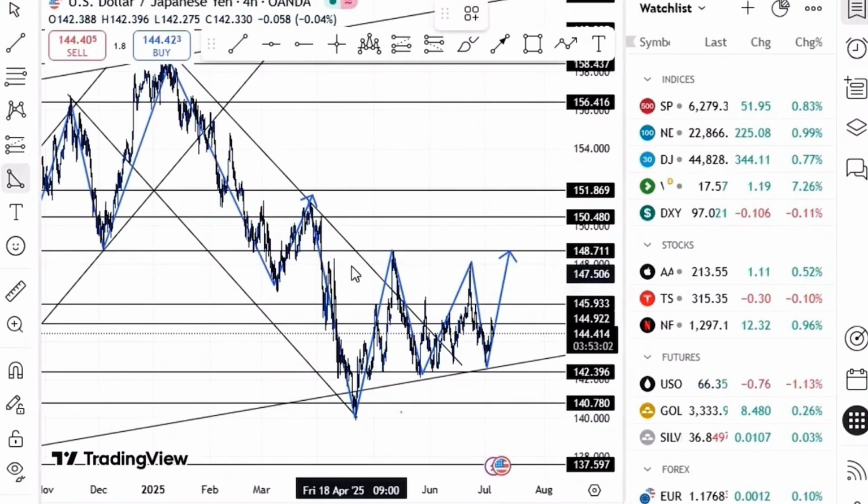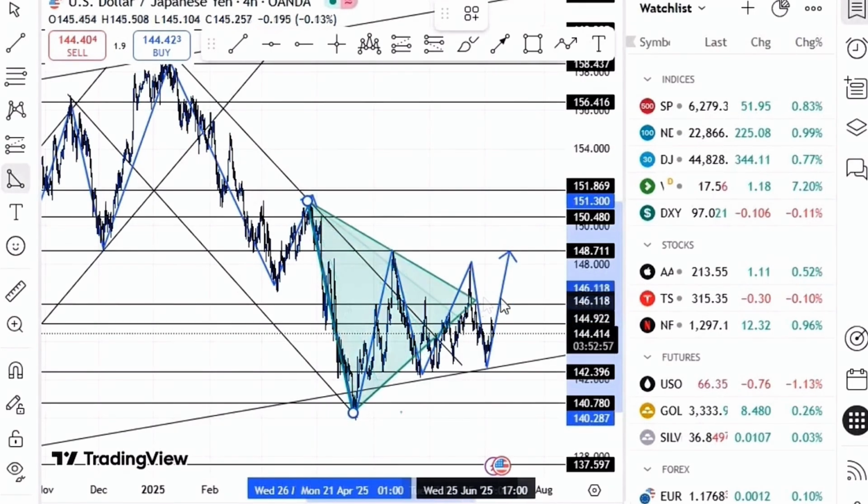Okay, there's something which is called a pennant, right? Let me put it here and then put it here.